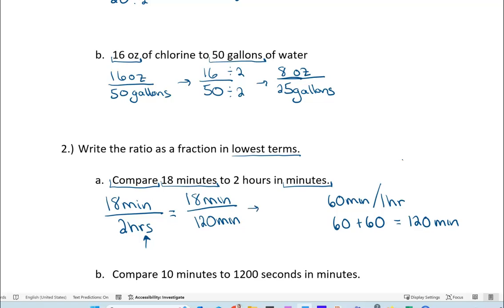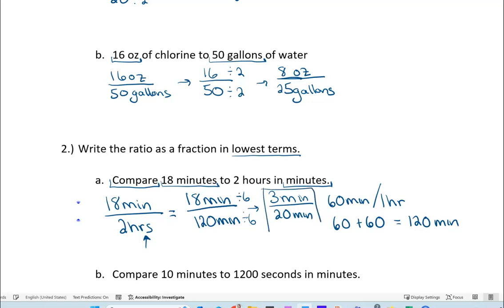So let's see here. 6 actually goes into both of these. So I'm going to divide by 6, divide by 6, and I get 3 minutes over, let's see, 20.